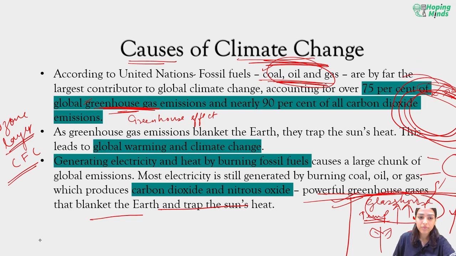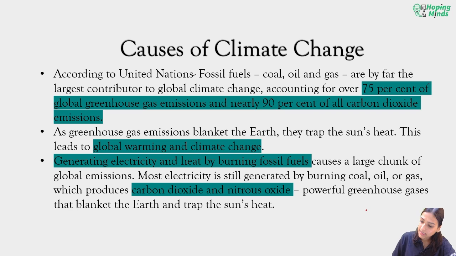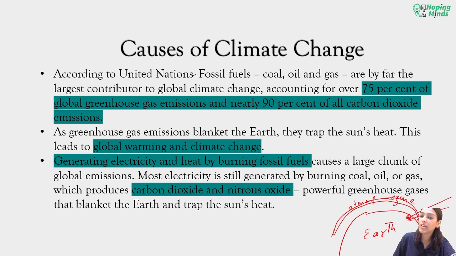Now, let's draw the earth and let's draw the atmospheric layer. Let's say this is the atmospheric layer, the ozone layer. Now, because of the emission of these gases that blanket the earth, the sun's rays that are coming inside are unable to go outside, causing a rise in temperature.